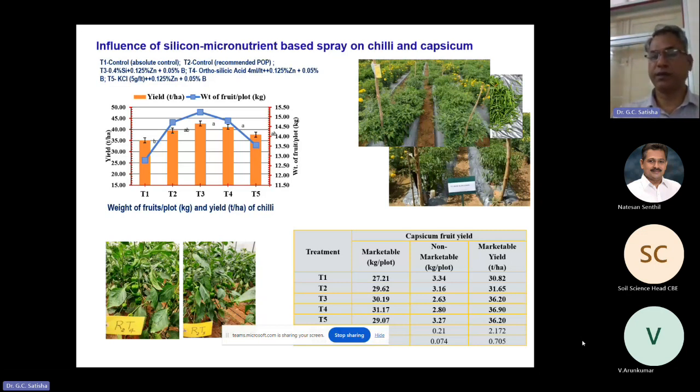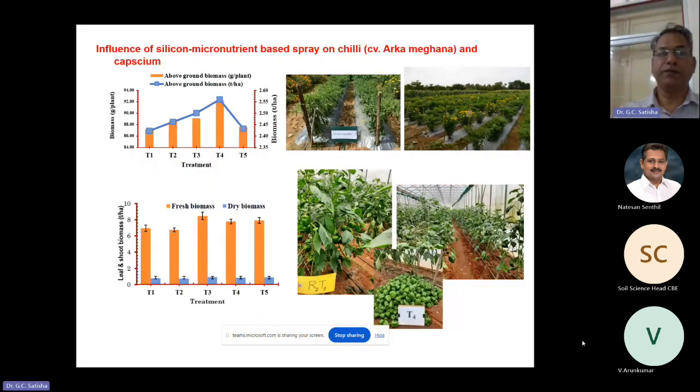In chili we got the highest fresh biomass compared to other sources, while in capsicum, potassium silicate gave relatively higher biomass.